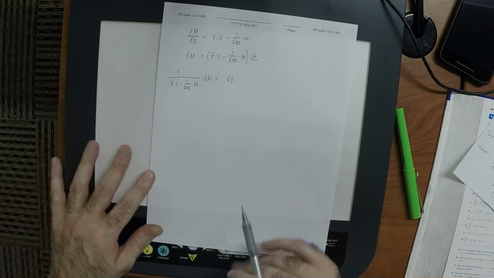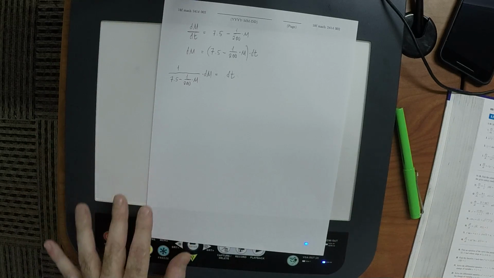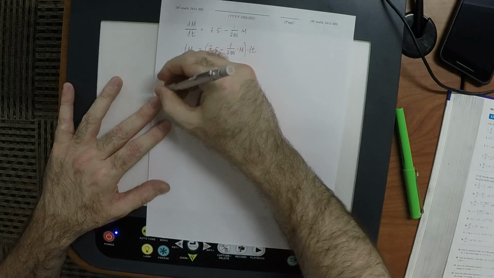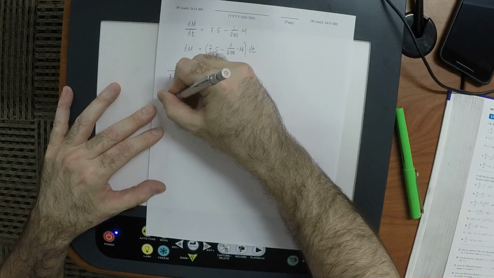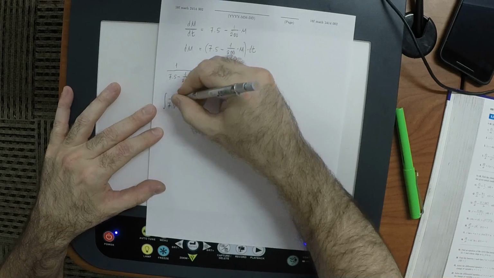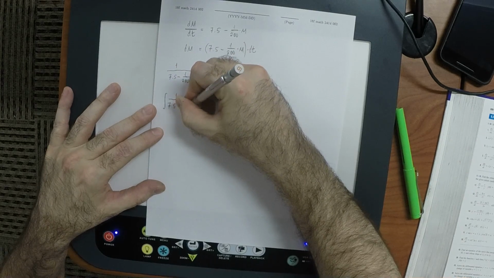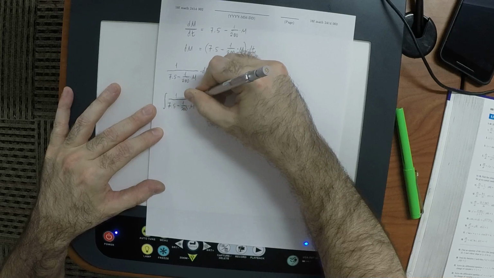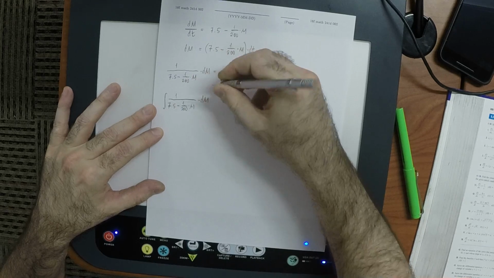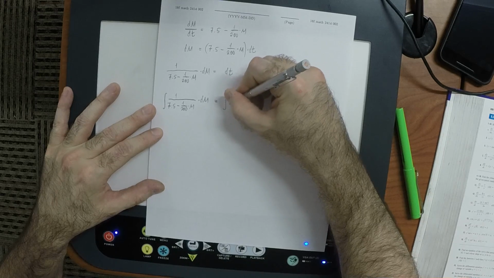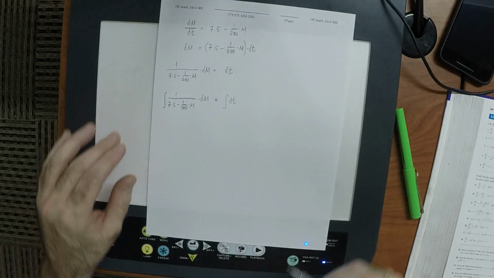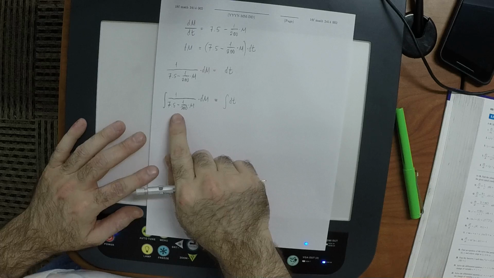All right. So then from here, what do we do? Anti-differentiate. Okay, so then the antiderivative of 1 over 7.5 minus 1 over 200 m, dm, is the antiderivative of dt. The right-hand side is easy enough.